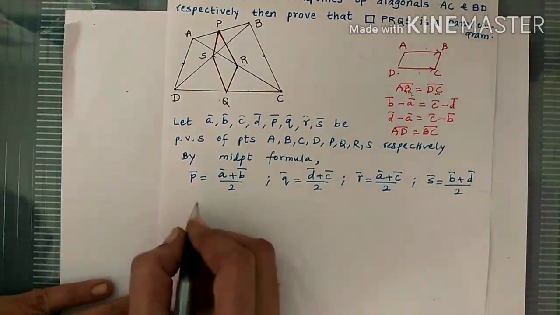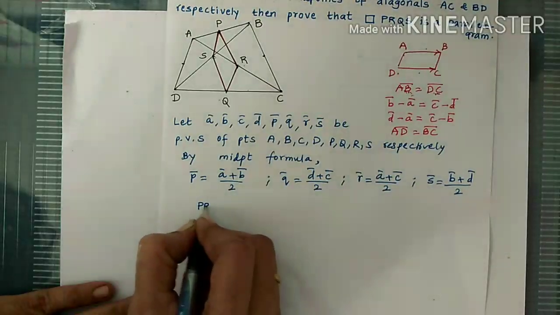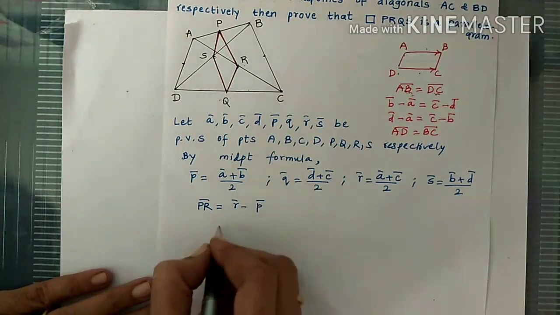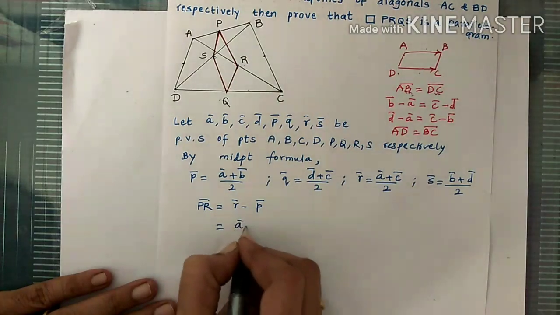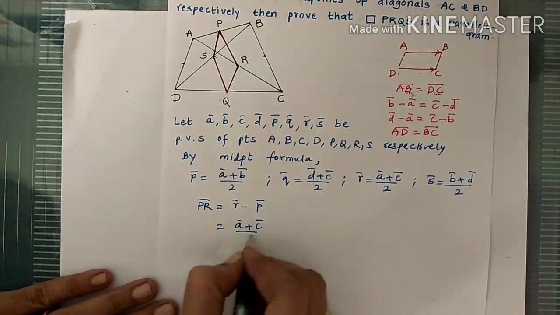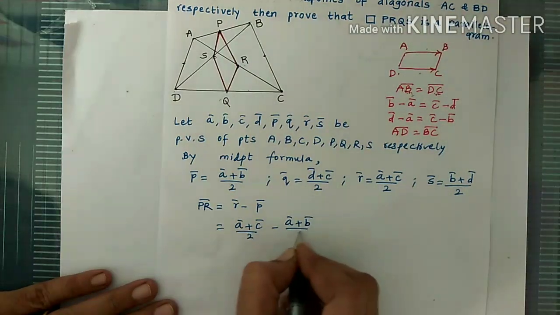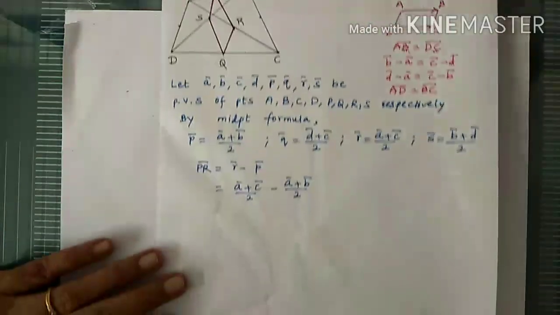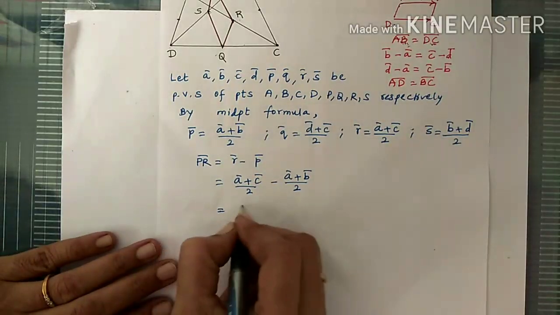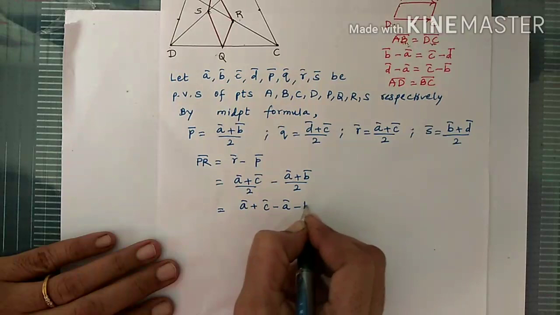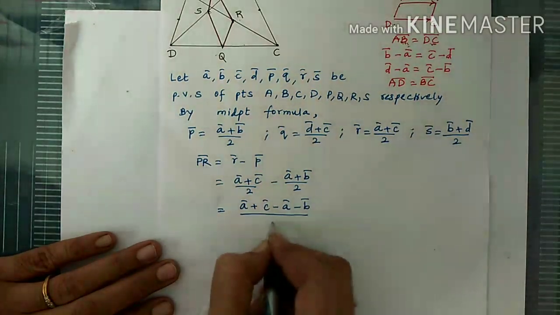So to find PR bar is R bar minus P bar. R bar is A bar plus C bar upon 2 minus P bar, which is A bar plus B bar upon 2. Now subtracting this, we get A bar plus C bar minus A bar minus B bar upon 2.